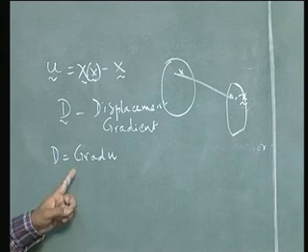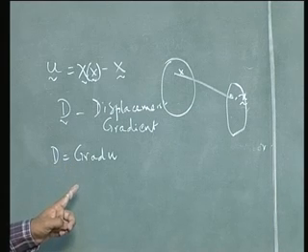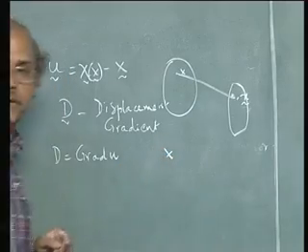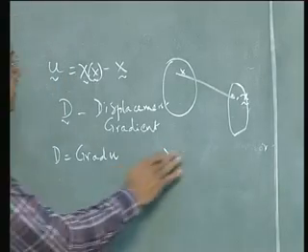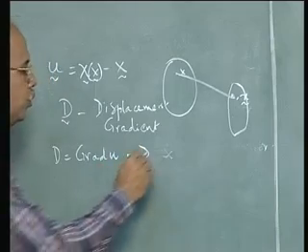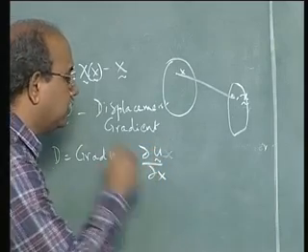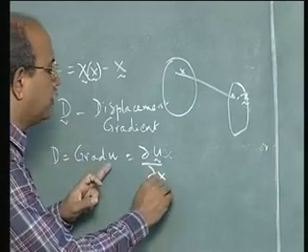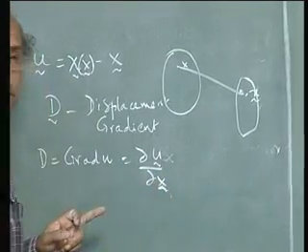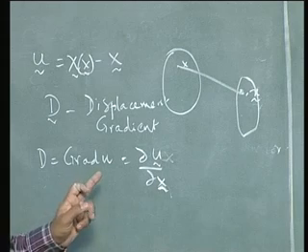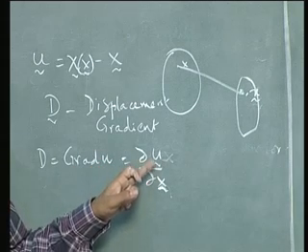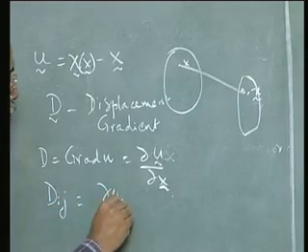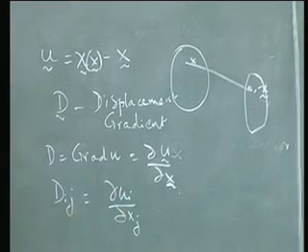Please note that whenever I put Grad with a capital G, it means that the derivative is with respect to capital X. So this is nothing but dou u by dou X. Note that Grad u raises the order of this vector from u to a second order tensor, or in other words, Dij is equal to dou ui by dou Xj.